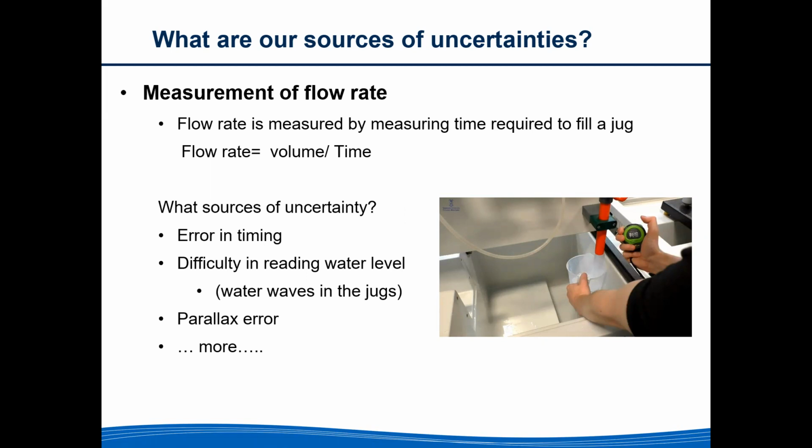For example, there can be error in timing by the operators, difficulty in reading the water levels in the jug, such as parallax errors, imprecisions in water collection, error in the timing of when you collect the water, and the fluctuation of pumps and other elements that could influence the flow rate and so the jug filling.